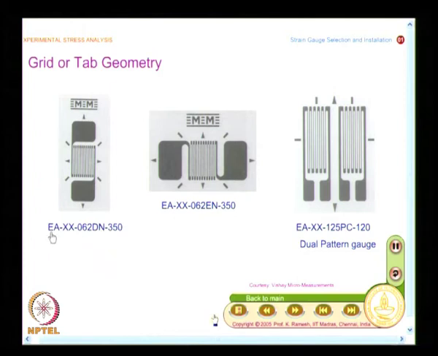So, E denotes the carrier backing, A denotes advanced alloy, and XX denotes, depending on the specimen material, I will have to select my self temperature compensation number. That is why this is not listed. So, the same kind of pattern will be available for a set of base specimen material, and EN is a kind of gauge where this is horizontal.